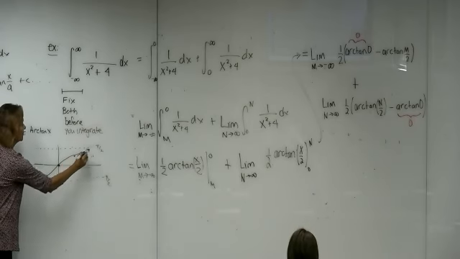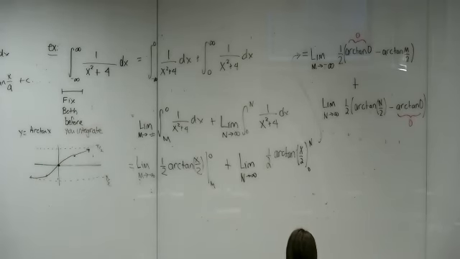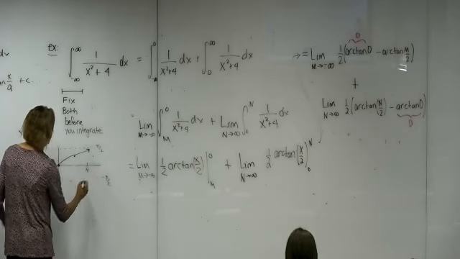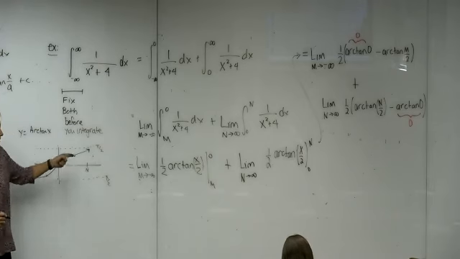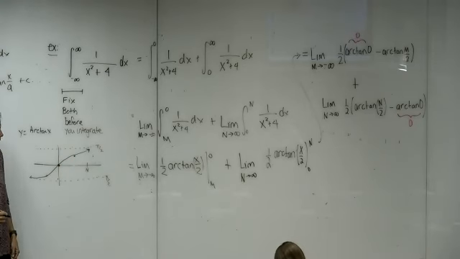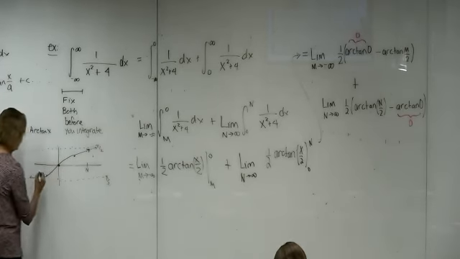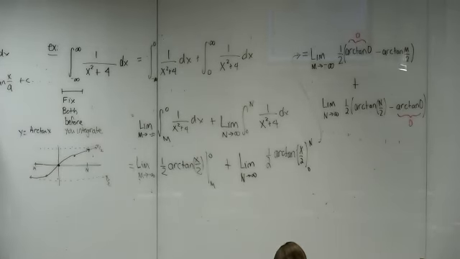As n goes to infinity, what's the graph going to be doing? It's not asymptotic... no, it is. It's going to pi over 2. And what about as m goes to minus infinity? It's going to negative pi over 2.